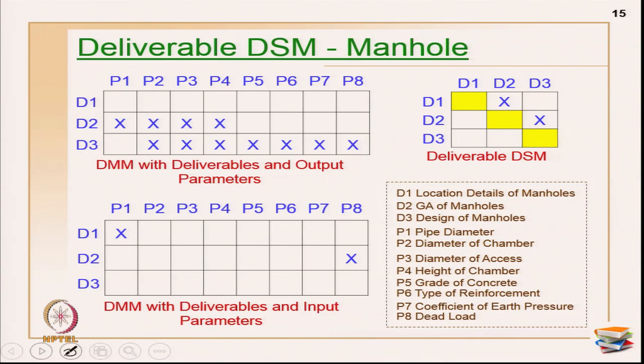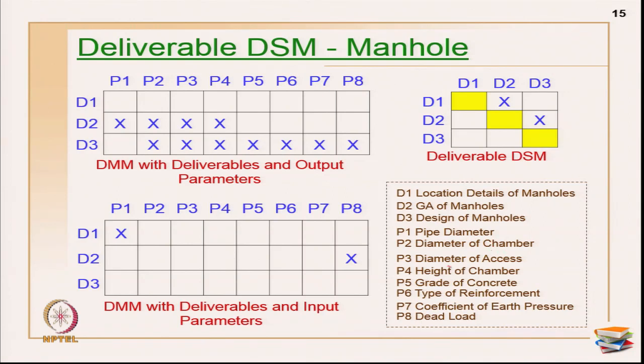Same manhole component, how to form a deliverable DSM. I am going to use a DMM again, but with a list of deliverables and output parameters. These are the same deliverables I have: location details of manholes, general arrangement of manholes, design of manholes, and I have identified eight parameters for all these three deliverables.